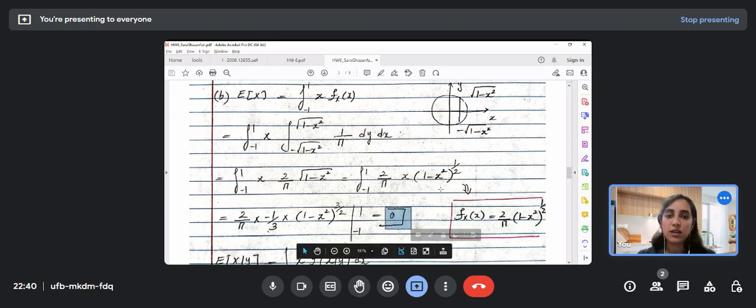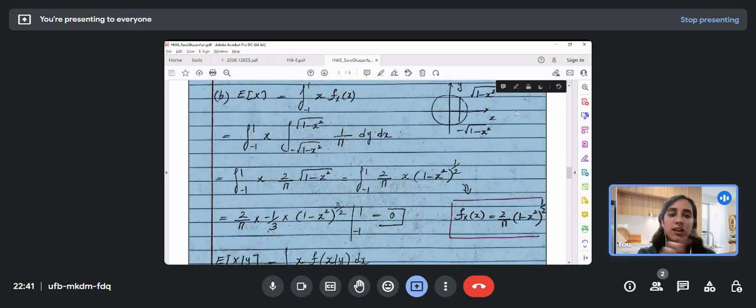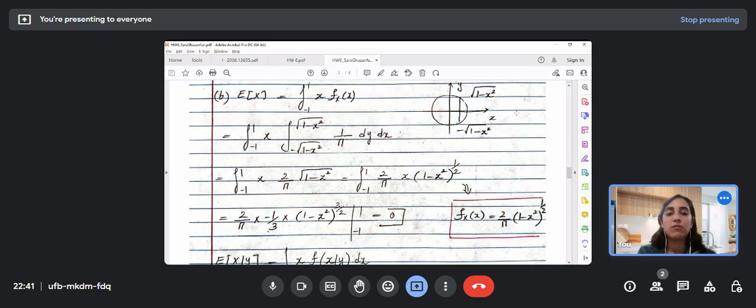So the expected value for x is 0, and as you can see in the figure of this distribution, it was somehow expected that we would get 0.